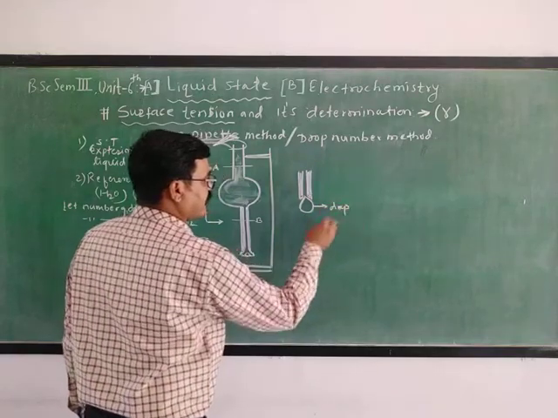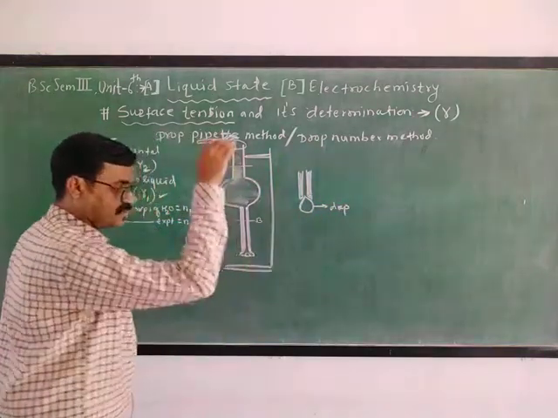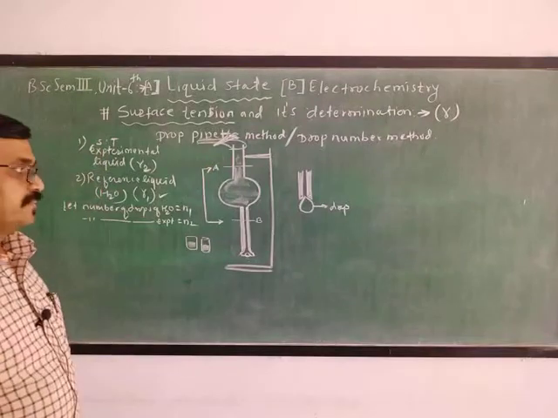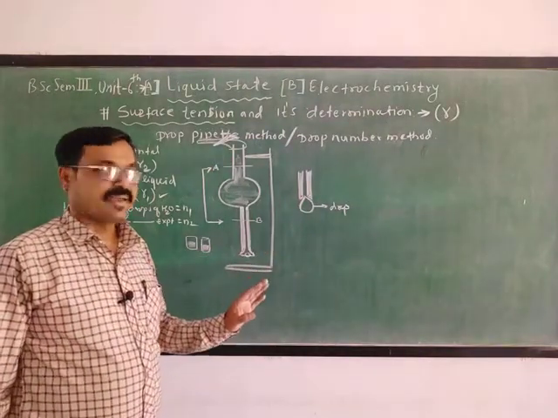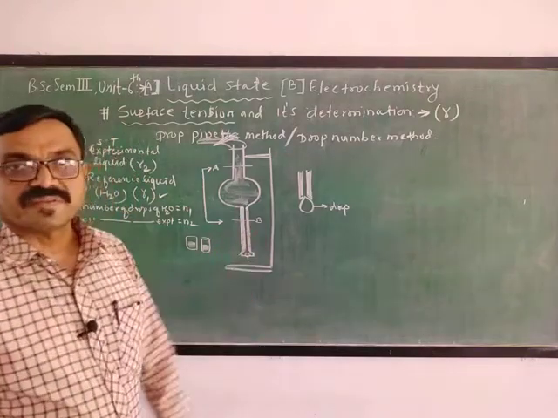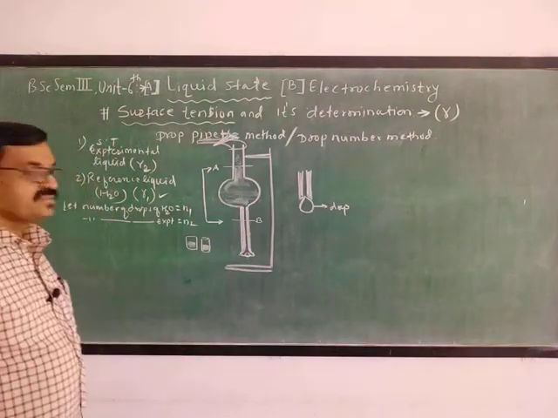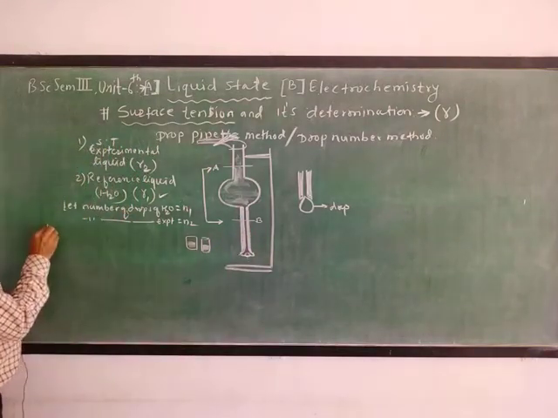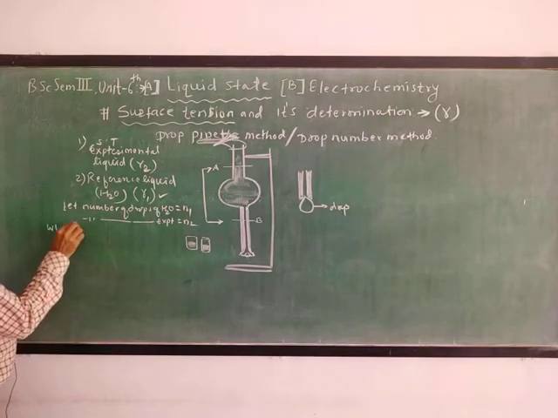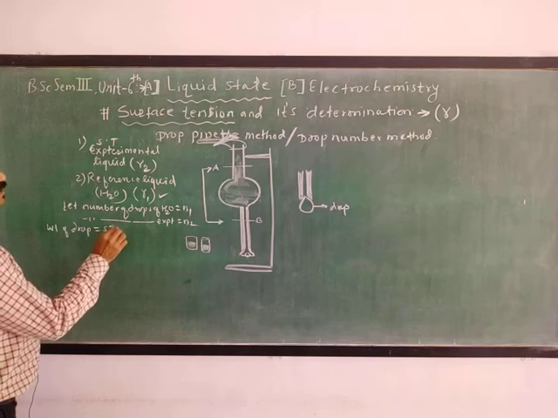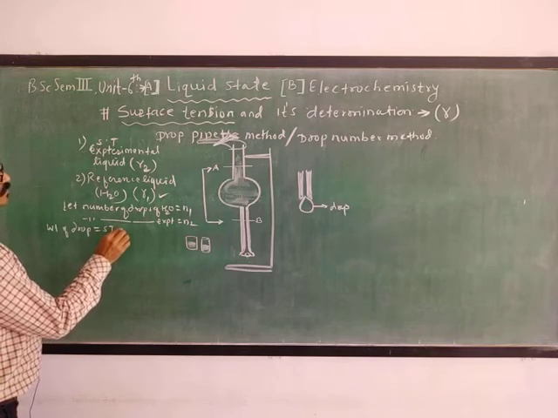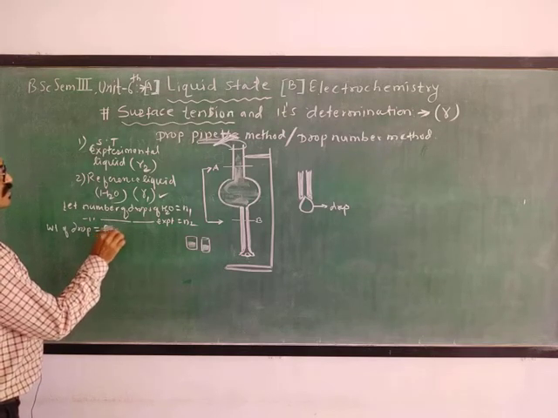Now when this drop is in a position to fall down, at that time the weight of that drop is balanced by the force due to surface tension. How is it balanced? The weight of the drop is equal to the force due to surface tension.